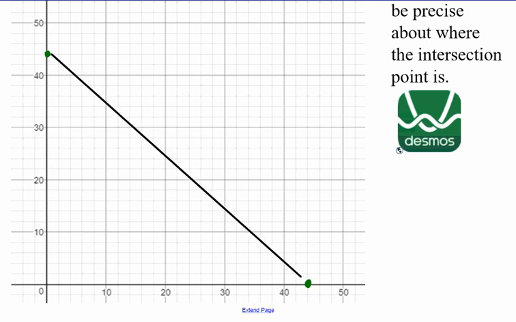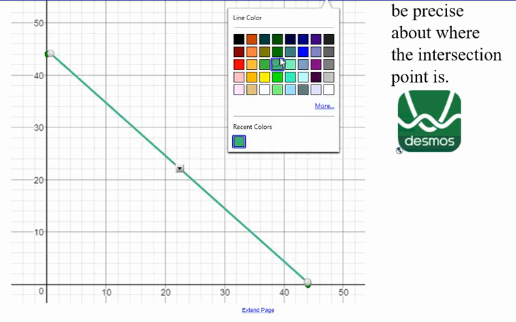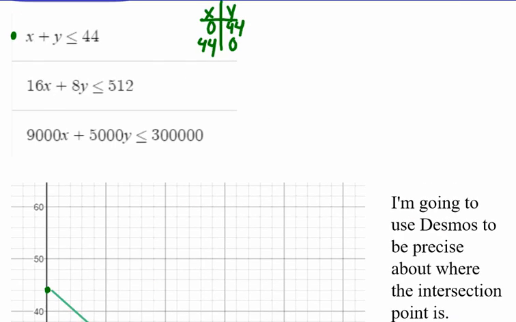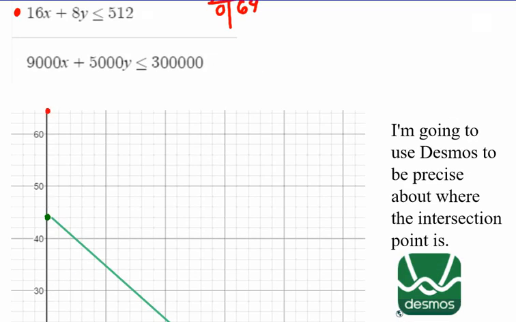Then I would use a line and draw those in. So there's the first one. Let's actually make it green so it'll be easier to track. Okay, so there's the first constraint. Second one. If I, again, do 0 American, I can only use British, and British took 8 people, and I had 512, so 512 divided by 8 would tell me I could do 64 British. So 64 British would be right there.